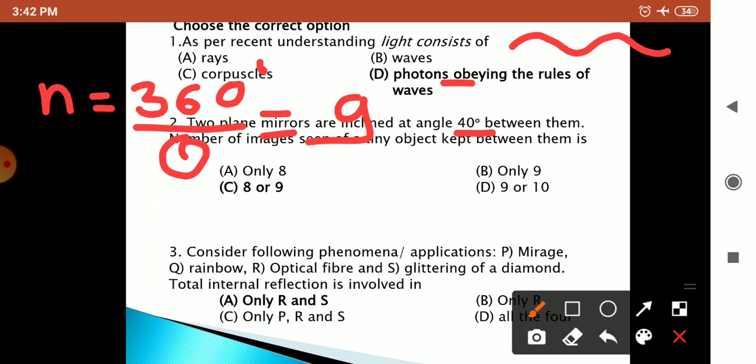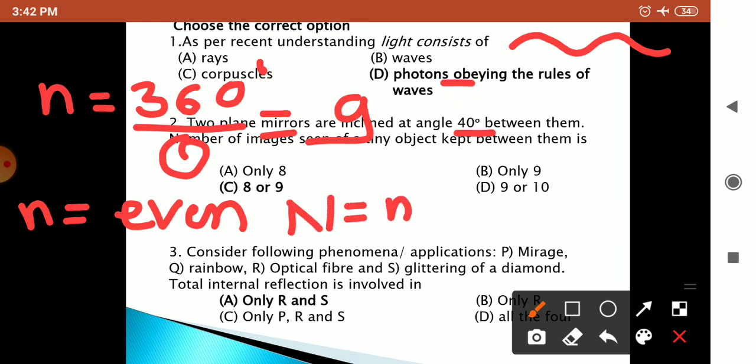Now consider the seen images. There are three conditions. First condition: when formed images n is an even number, then seen images capital N is equal to n minus 1. Another condition is n equal to an odd integer.